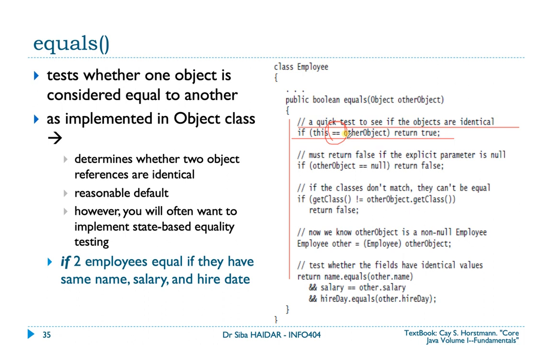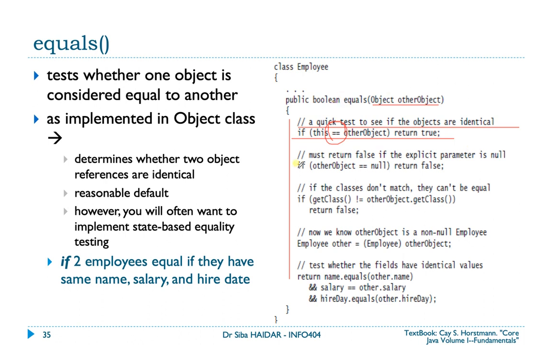No need to compare the state. It's necessarily the same state. So if this == otherObject. Equals always takes one parameter, because the other is this object, the implicit parameter. In Java, in object-oriented programming, there is always a this parameter based on which object the method is invoked.